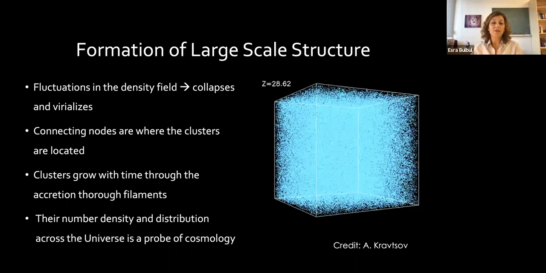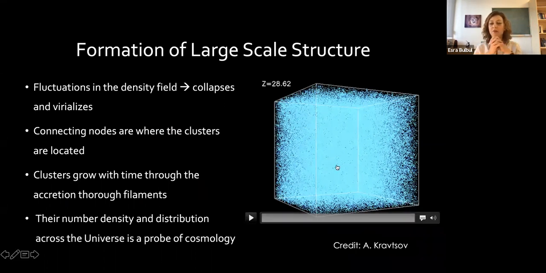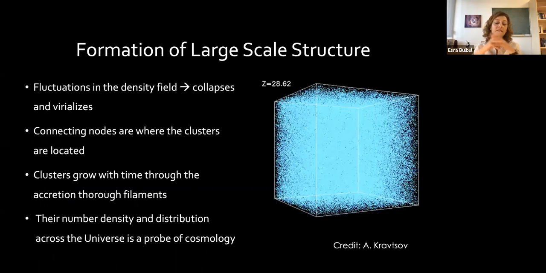But for that, I'll take you way back in time. We now go back to very early on in the universe when the redshift was about 28. So we'll watch in this video how the structures in the universe formed at that time, and they evolved up to redshift of 0, which is today's universe.